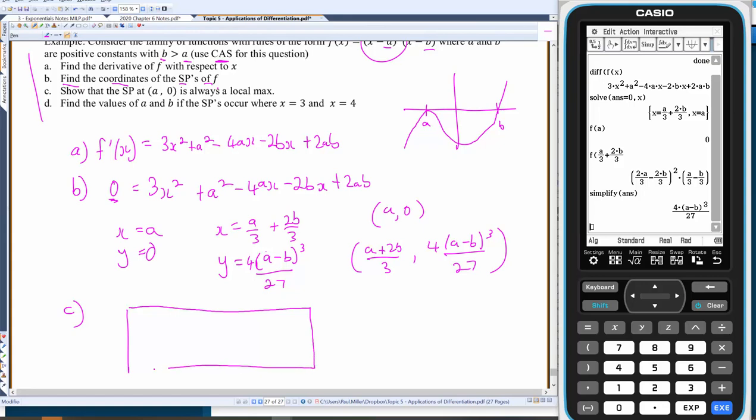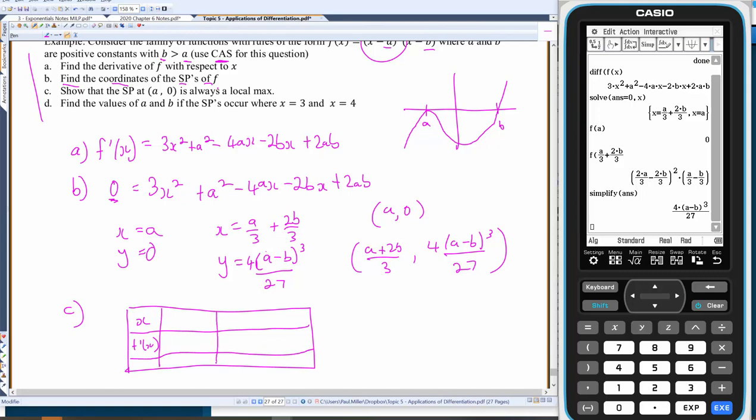What we're going to do is have a top row where we've got values of x. We're going to insert them into the gradient function to find out what gradient they are. And this bottom row here is reserved for a picture of the shape.